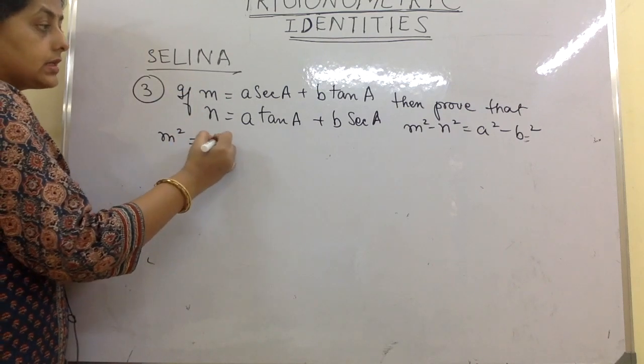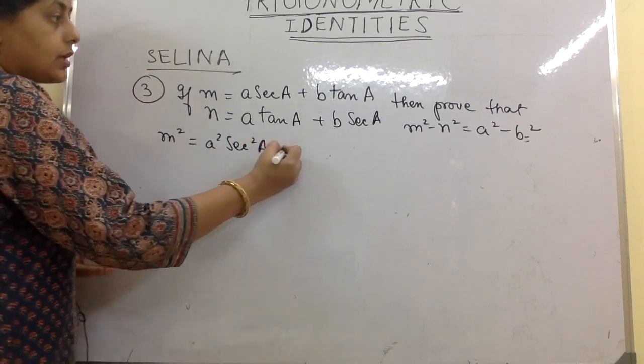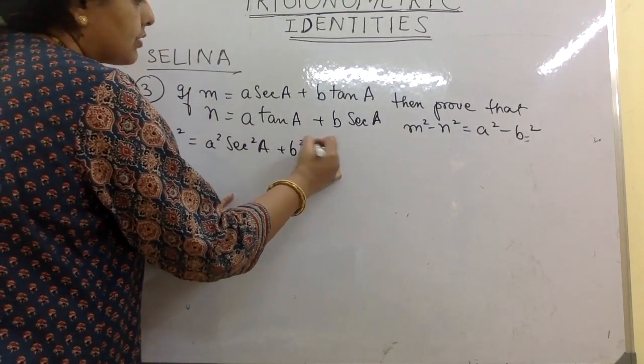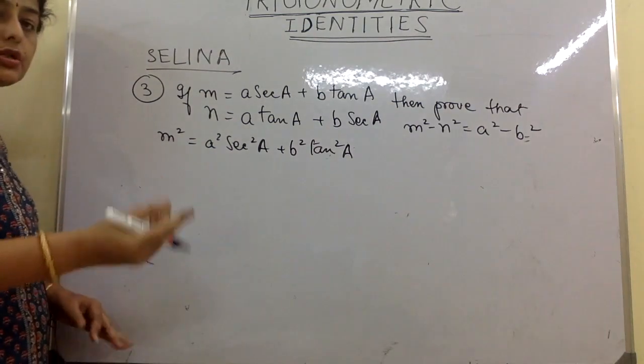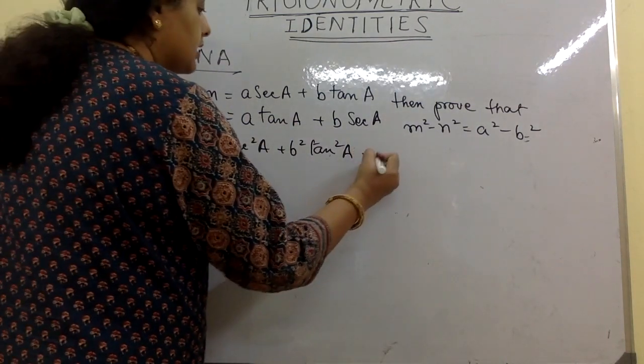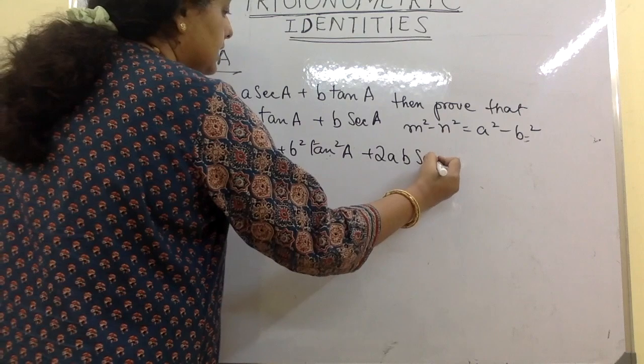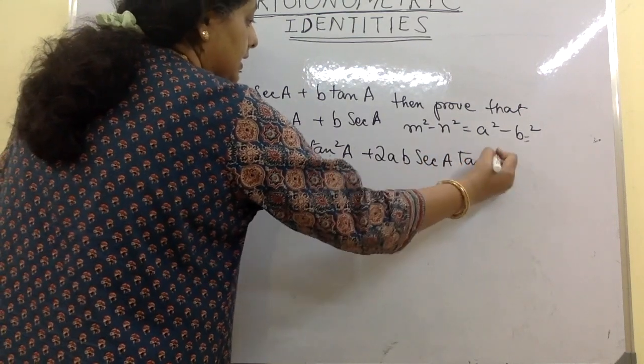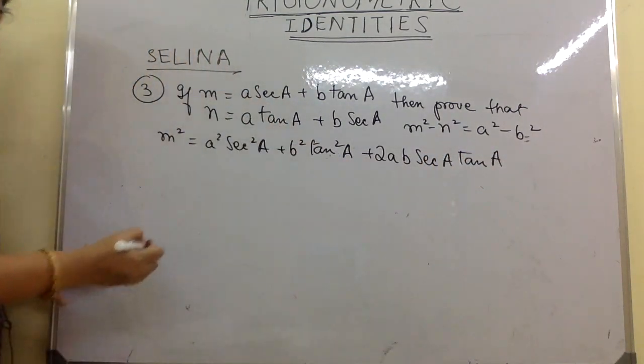Squaring: a square sec square a plus b square tan square a. मैं कौन वाली identity use कर रही हूँ, a plus b whole square की identity, plus 2ab sec a tan a.